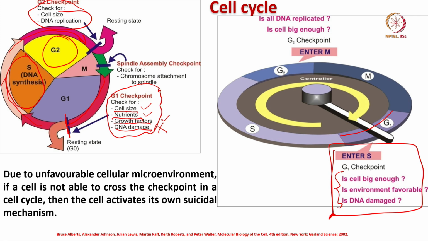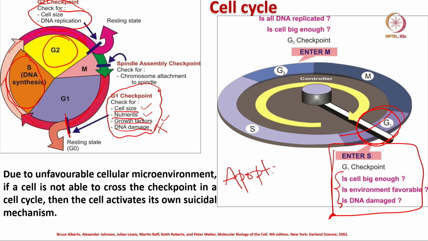Let us say, is the cell big enough? If the cell has not increased in size, or the environment is unfavorable, or DNA is damaged, then it will be stuck in the G1 phase, and after some time, when it is not able to go to S phase, it will initiate its own suicidal mechanism. That means it will undergo apoptosis.